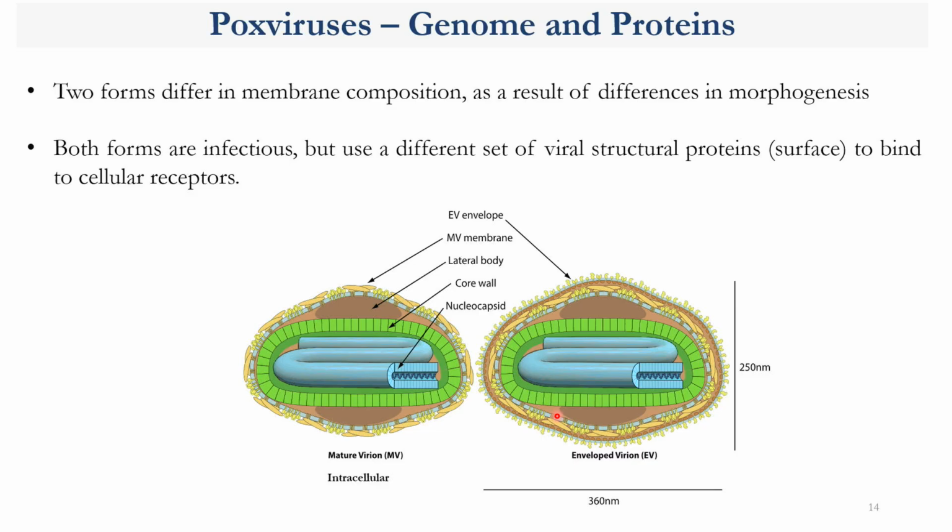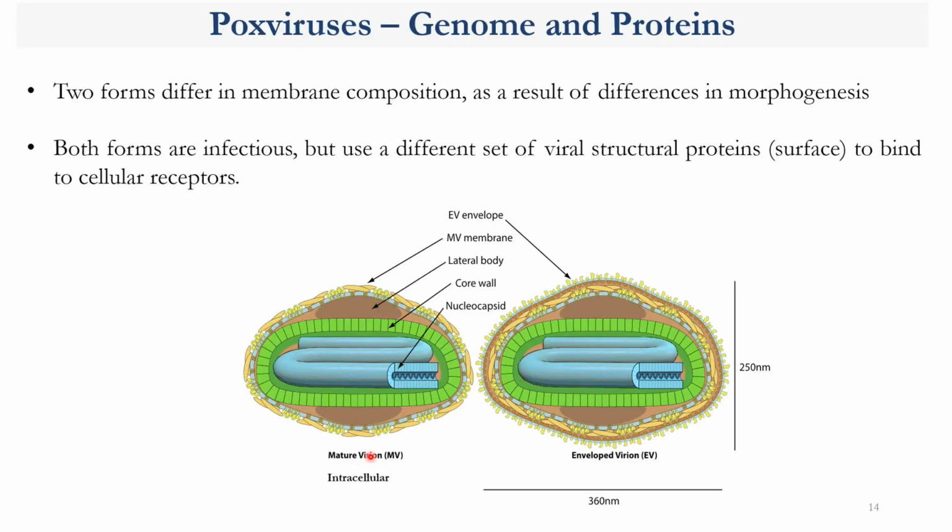Now, another thing to add on is that the two versions of the virus, the EV and MV, differ in their membrane composition because there are differences in morphogenesis of these viruses. So where you find these viruses will determine whether or not you have a single membrane or a double membrane. The MV is mostly intracellular. So it exists within the cell itself.